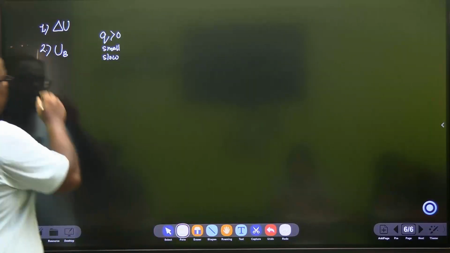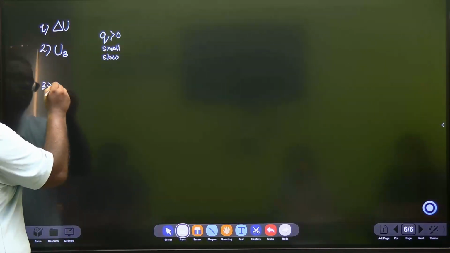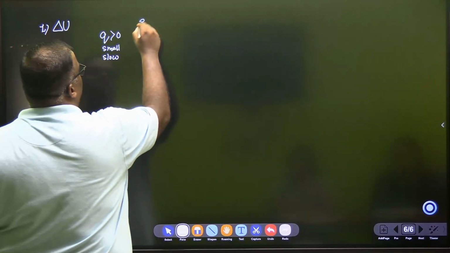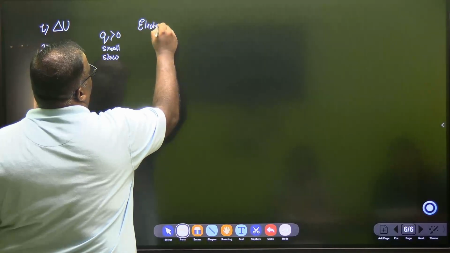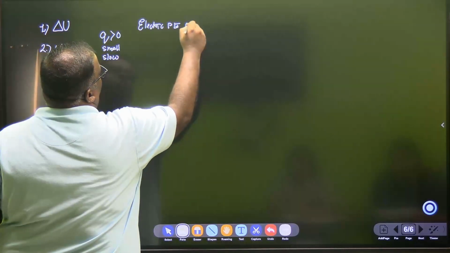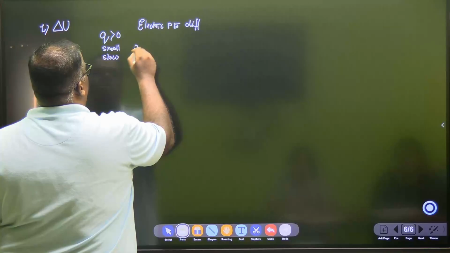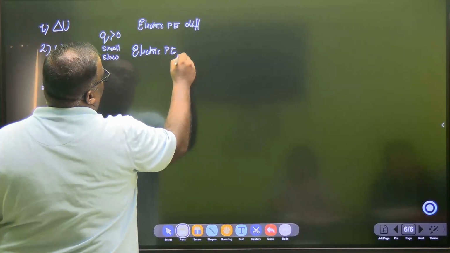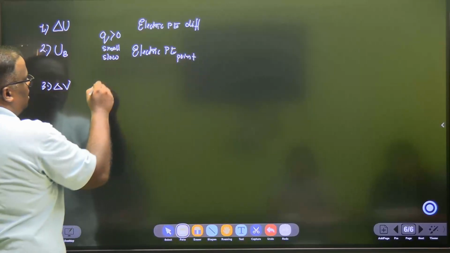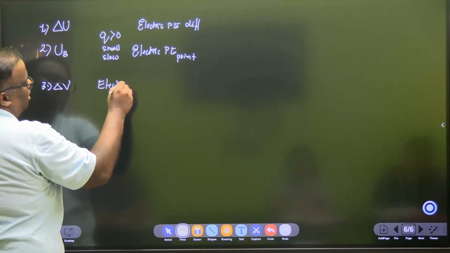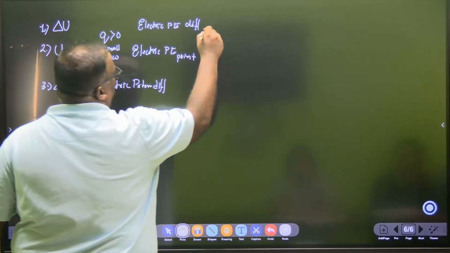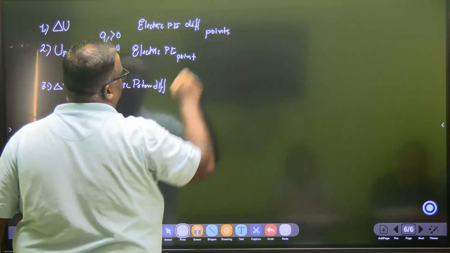When we see the electric potential energy, the third is the study of delta V. Yes, very good. The third is the study of delta V. Delta V tells me about electric potential difference. This is electric PE difference. This is electric PE at a point. This is electric potential difference. Here, the word will always be points.